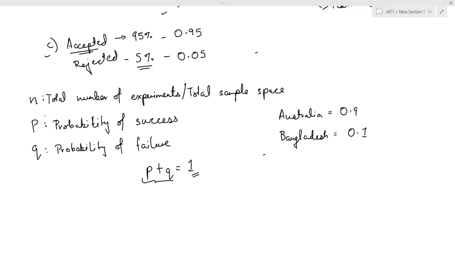Now n is going to be the total number of experiments. Means what? N is going to be the total number of matches that are going to be played between Australia and Bangladesh. Let us say that it is a 7 match series, right? So in case of a 7 match series, 7 is going to be our sample space. So if we are supporting Australia, then probability of success is 0.9, probability of failure is 0.1.